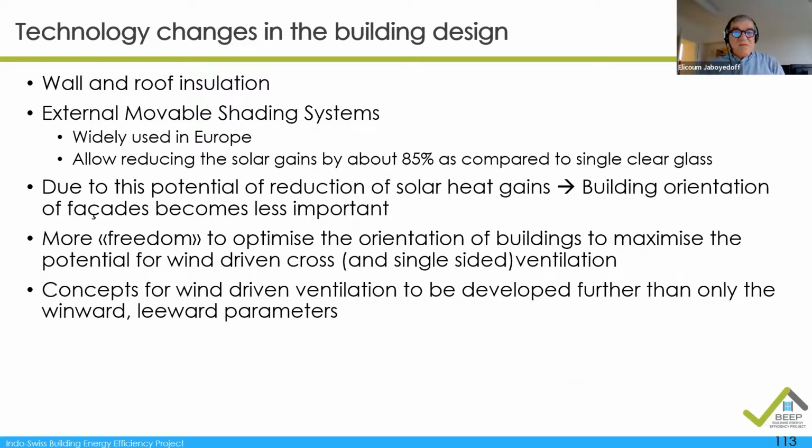Then external movable shading systems, which are widely used in Central Europe, allow reducing gain by about 85% of the solar gain through windows as compared to a single clear glass without shading. So definitely this kind of technology is likely to come and change the scene of building design a lot.